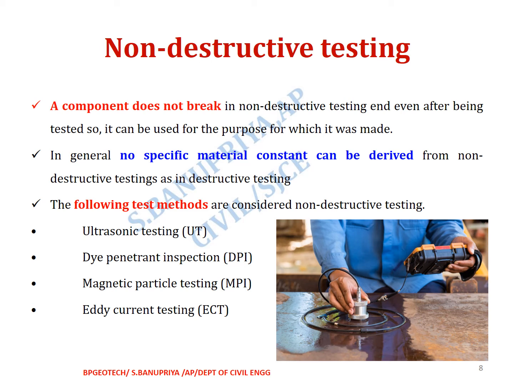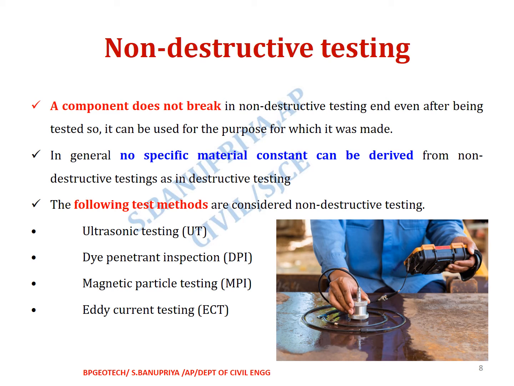During non-destructive testing, you are not allowed to fail the sample. The sample used for non-destructive testing can be reused because the samples are not supposed to fail by application of the load.